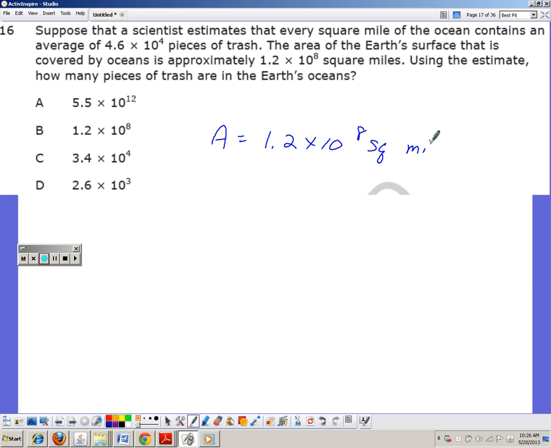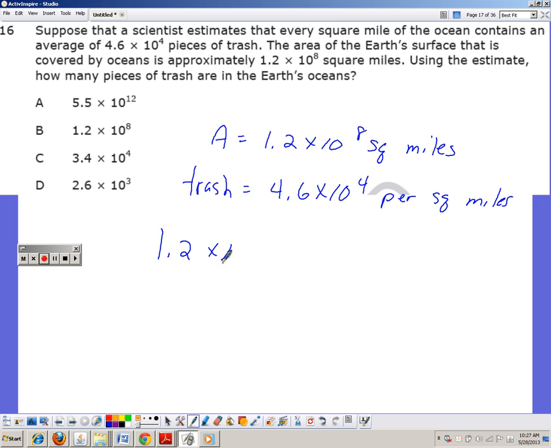They tell us that for every square mile, the trash is 4.6 times 10 to the 4th per square mile. Since they give us the total square miles, and they tell us how much trash is at each square mile, all we're going to do is 1.2 times 10 to the 8 times 4.6 times 10 to the 4.